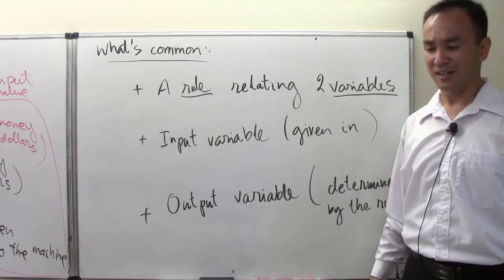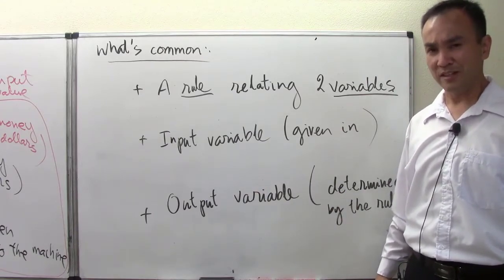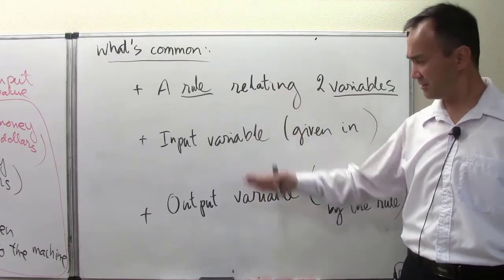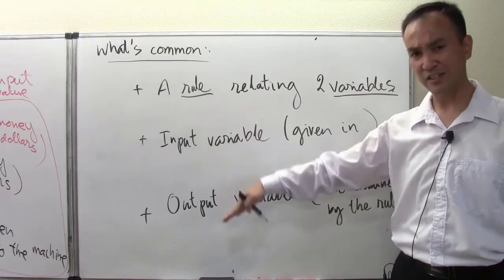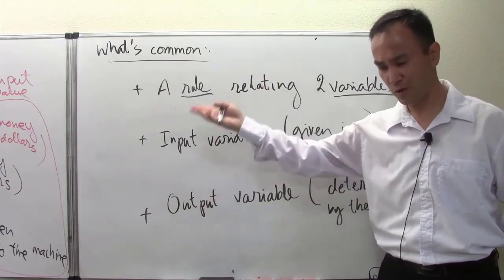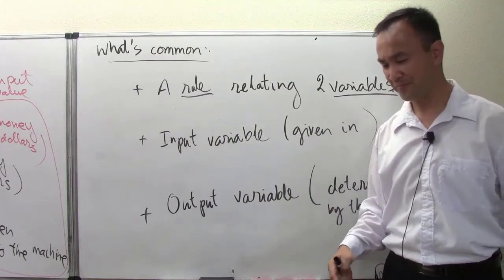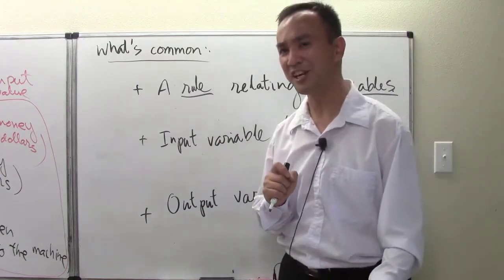All right, but here's the thing. Just having these three elements is not enough to make what's so-called a function. So let me come back to the vending machine problem.